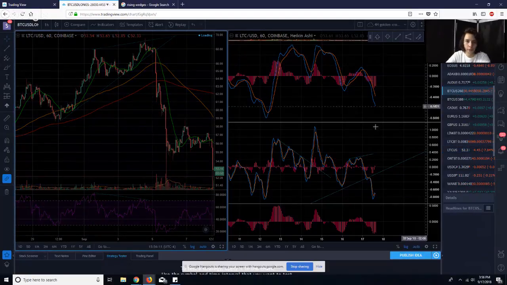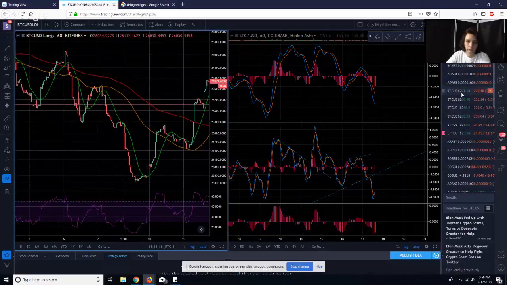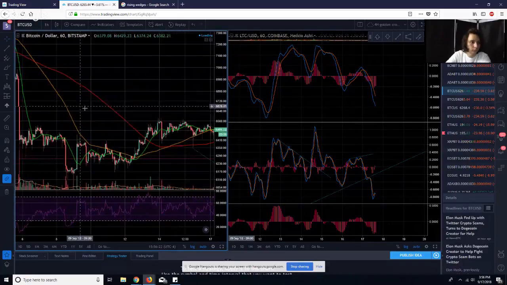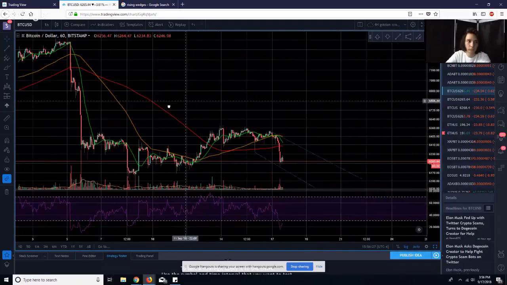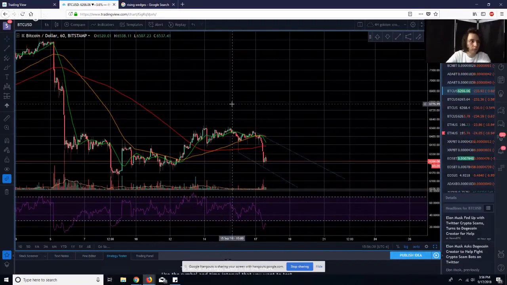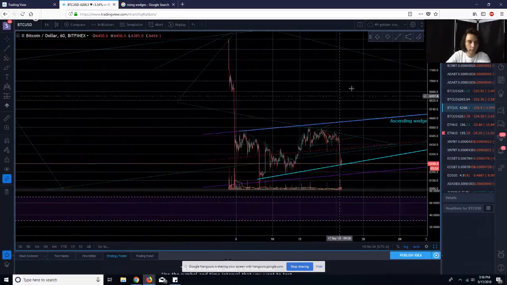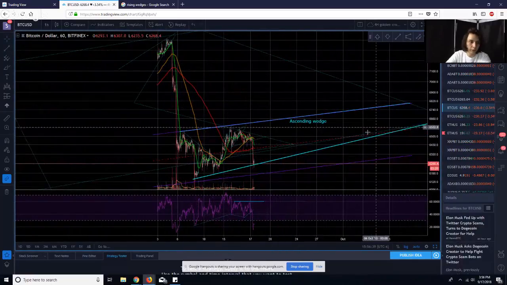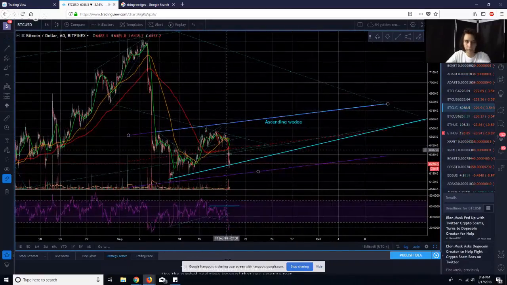I'll look at the Bitcoin chart for you real quick. So look, we have this rising wedge forming for Bitcoin right now.